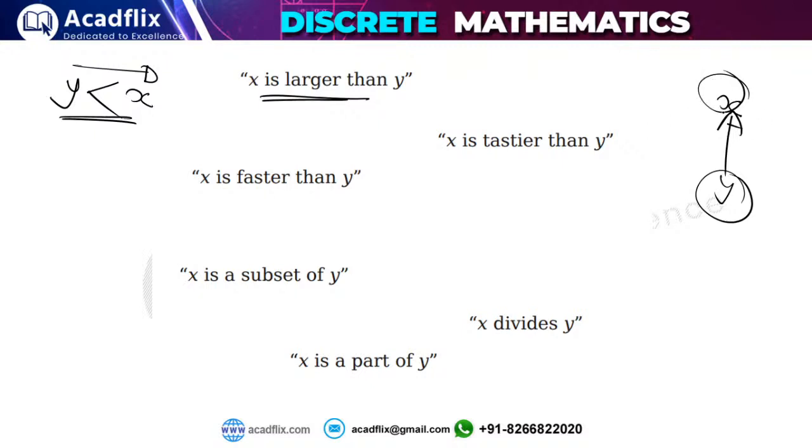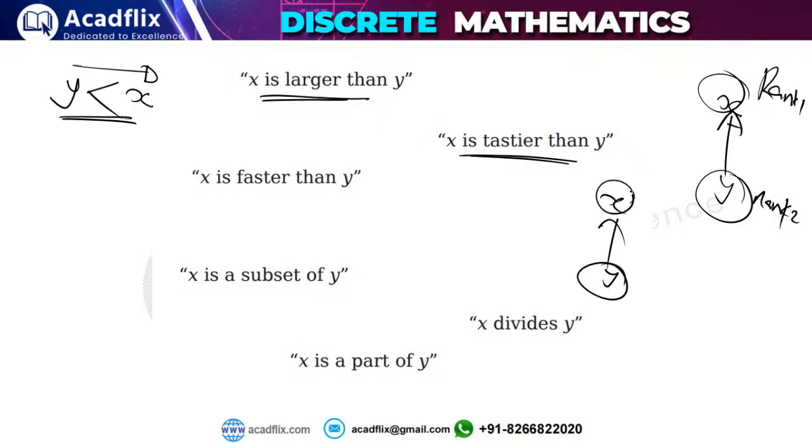So there is a ranking system, rank 1, rank 2, or something called order. For example, x is tastier than y, so y is less tasty, x is more tasty. Maybe x is pizza and y is tinde ki sabzi.